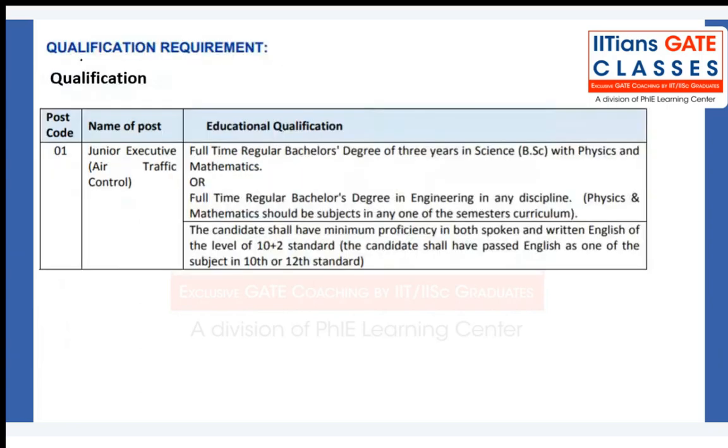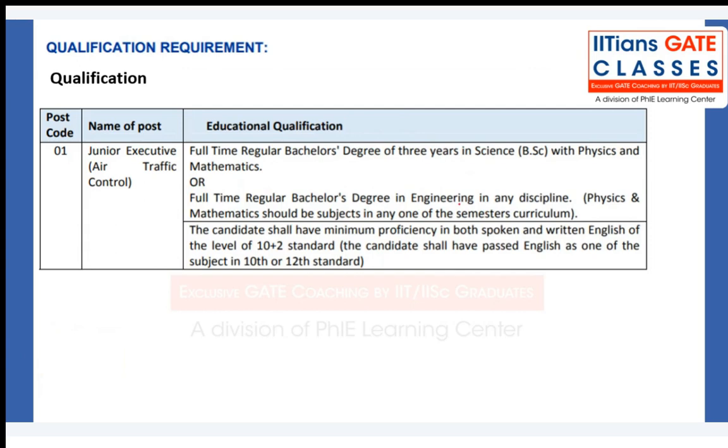Then, guys, what qualifications are required? Mainly BTech or BE holders in any discipline. They have mentioned very clearly a full-time regular bachelor's degree. Bachelor's degree means BE or BTech in engineering in any discipline, right?